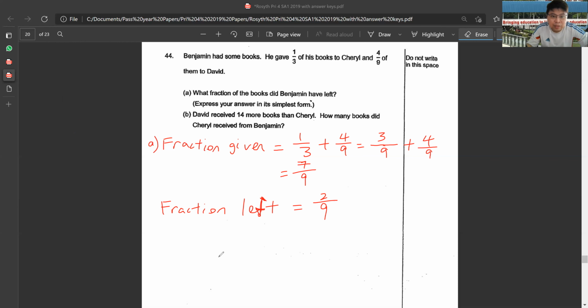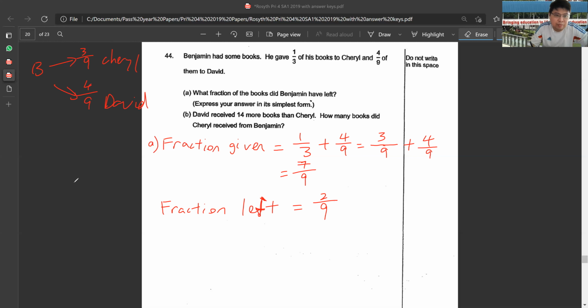David received 14 more books than Cheryl. So he gave 3 over 9 to Cheryl, and he gave 4 over 9 to David. Then it says that David received 14 more books than Cheryl.